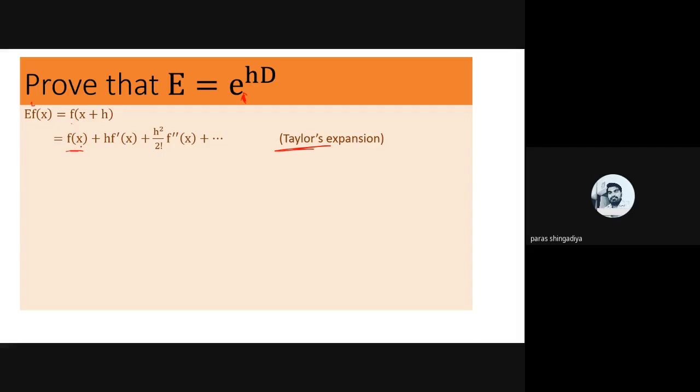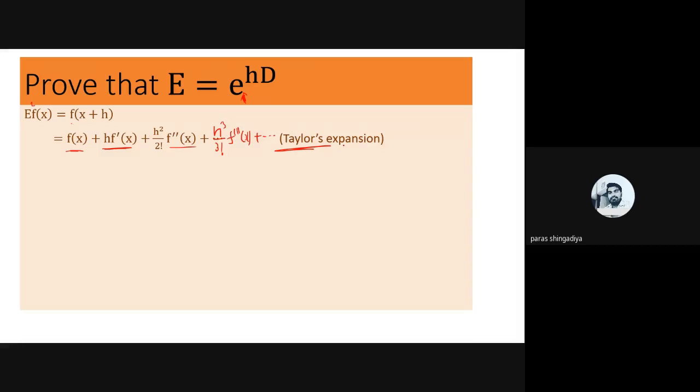First term will be f(x), and then after that involve its derivatives one by one. First derivative, second derivative, third derivative, and so on. So f(x) plus h into f dash x plus h square by 2 factorial f double dash x plus h cube by 3 factorial f triple dash x, and so on.